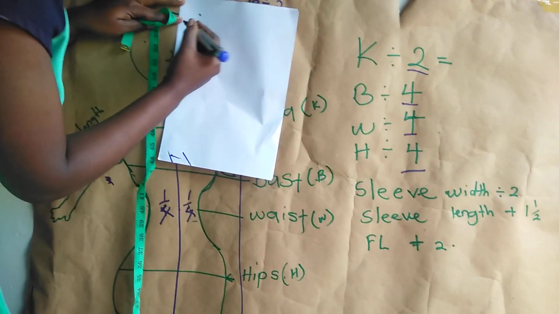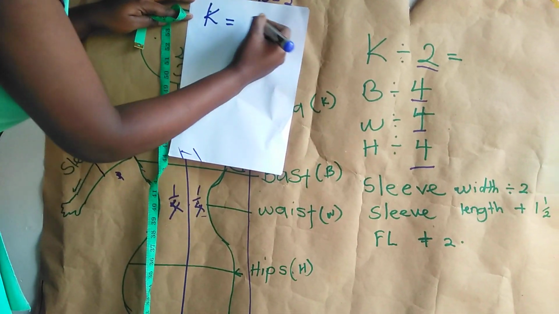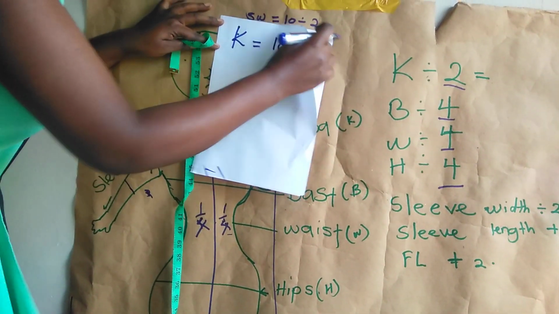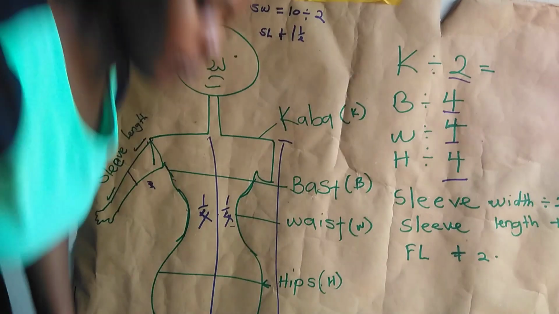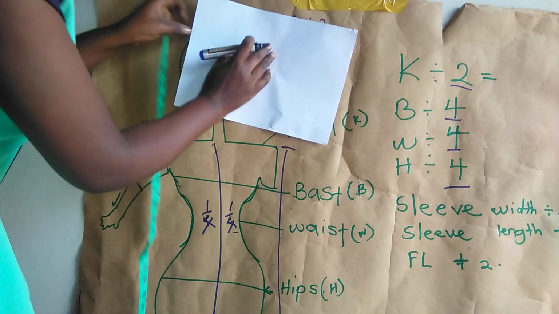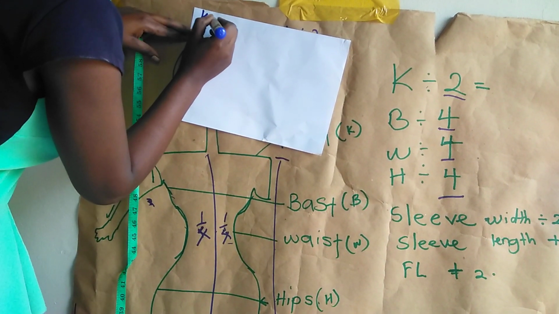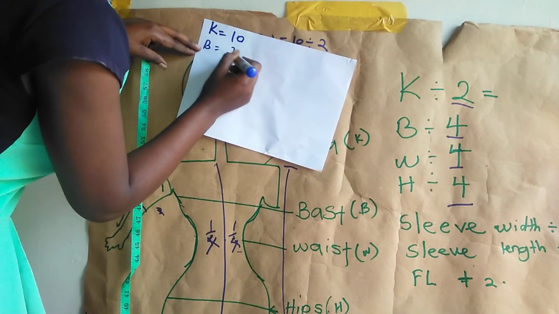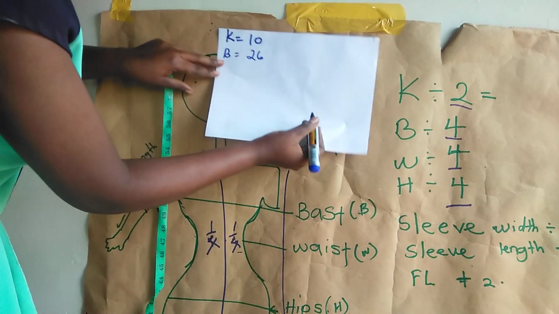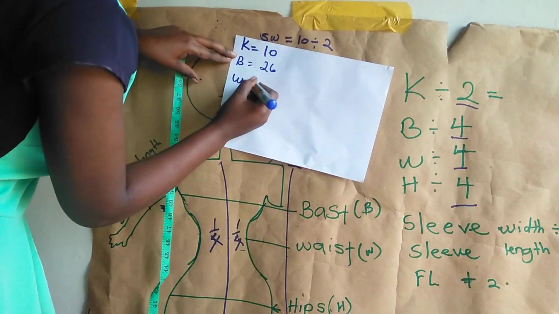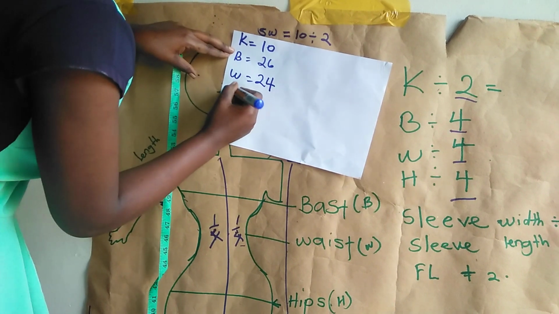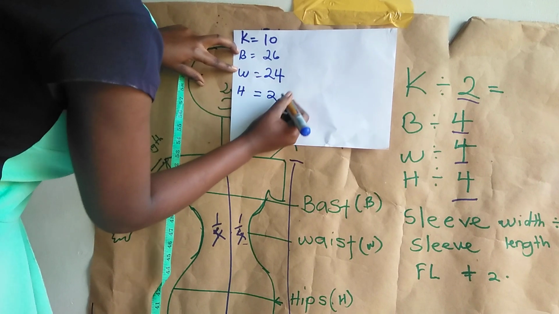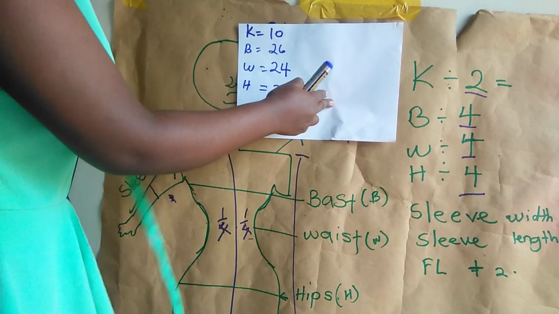Assuming our cover is 10, our bust is 26, our waist is 24, our hip is 28. These are our measurements.